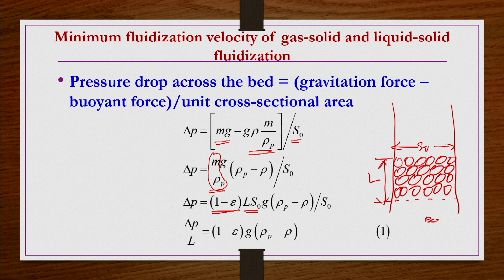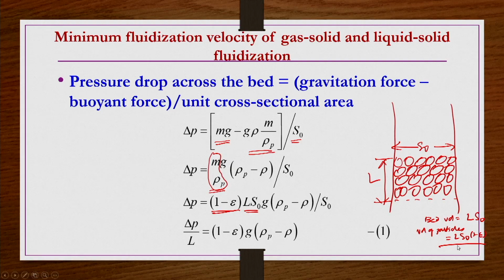Bed volume is going to be L multiplied by S naught. This bed consists of particles and void spaces. Then the volume of all the particles would be L S naught multiplied by 1 minus epsilon, where epsilon is the volume fraction of the void space, so 1 minus epsilon is the volume fraction of the particles within the bed. The volume fraction of the particles multiplied by the volume of the bed gives the volume of the particles within the bed.